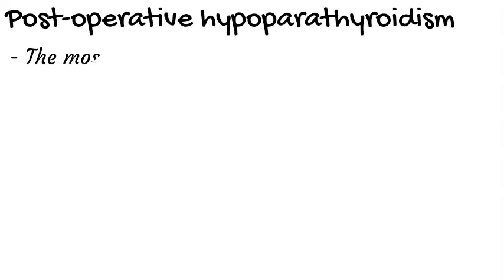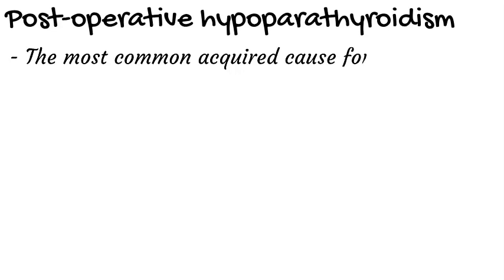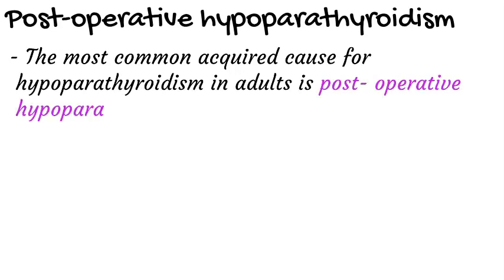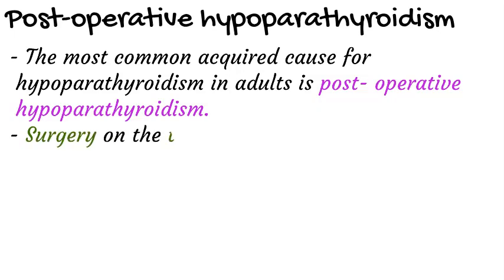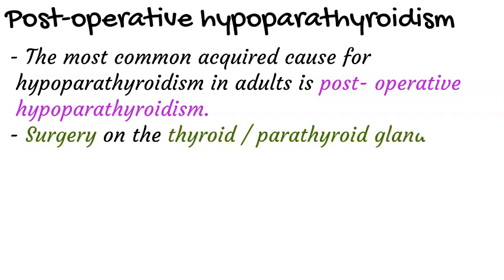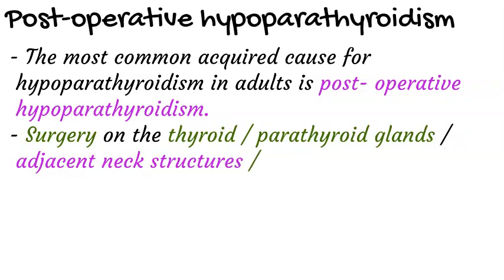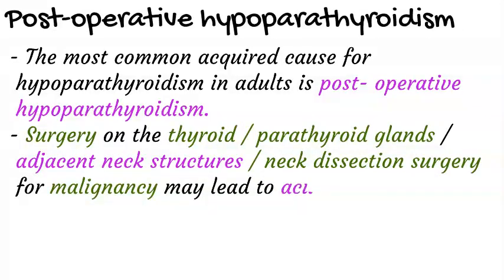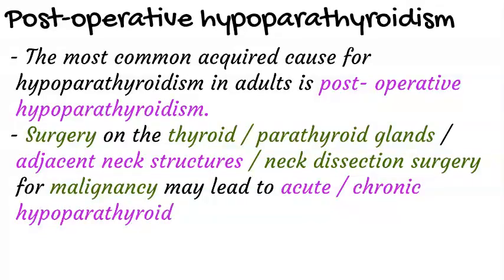Postoperative hypoparathyroidism. The most common acquired cause of hypoparathyroidism in adults is postoperative hypoparathyroidism. Surgery on the thyroid or parathyroid gland or adjacent neck structures, or neck dissection surgery for malignancy, may lead to acute or chronic hypoparathyroidism.